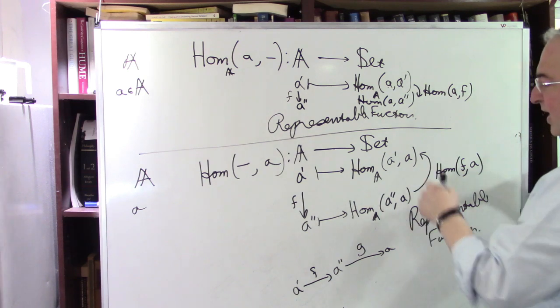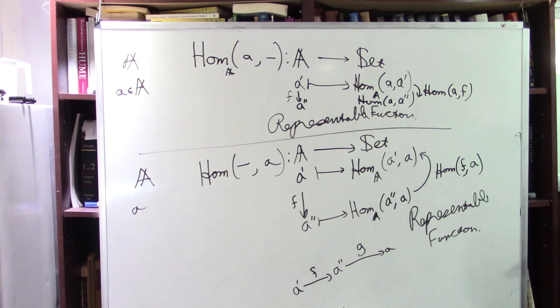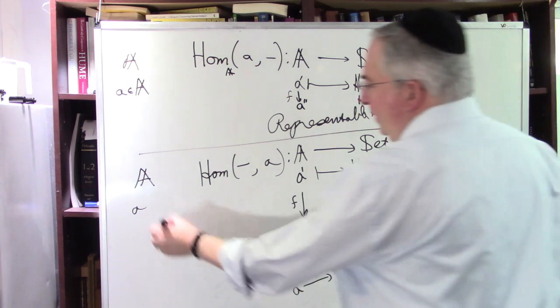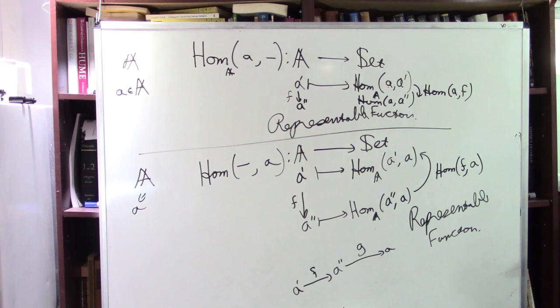A kind of represents it. It gives a lot of information about what you're doing. We're going to see this a lot in many chapters in the future. Main point, contravariant. Goes the other way.